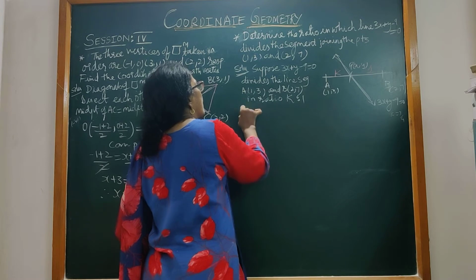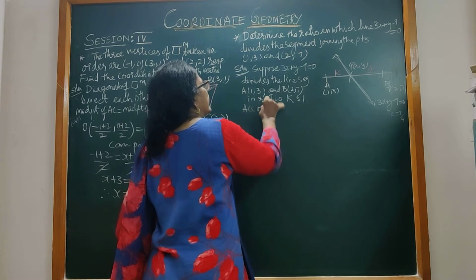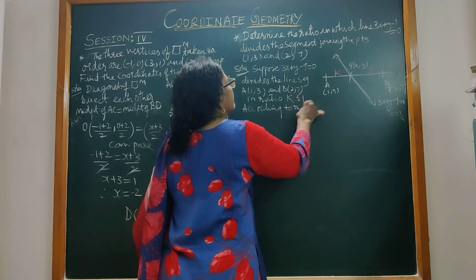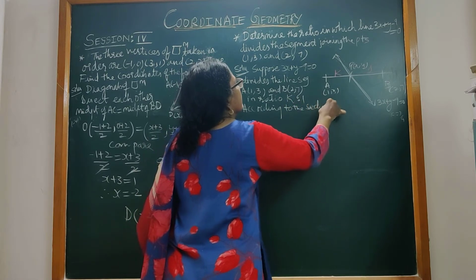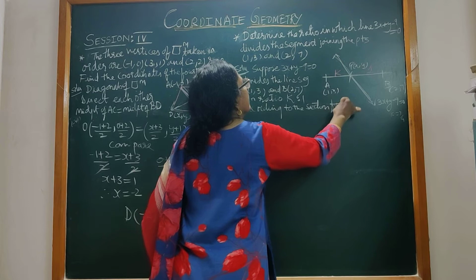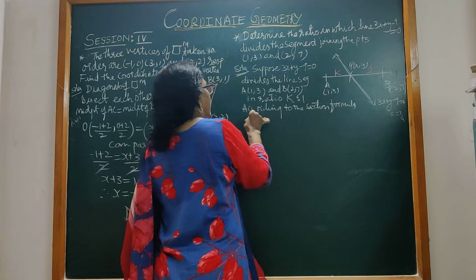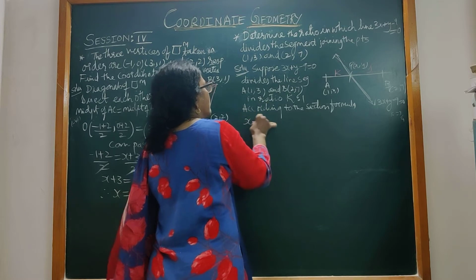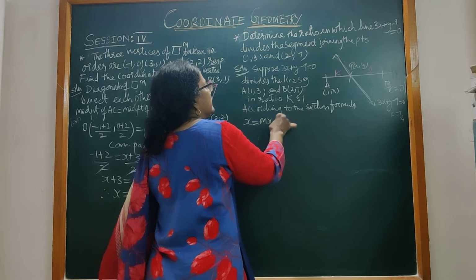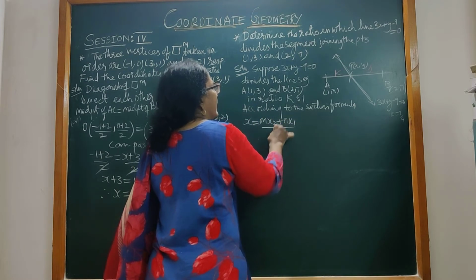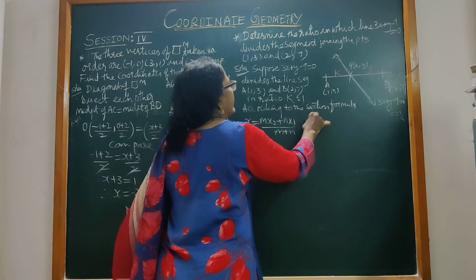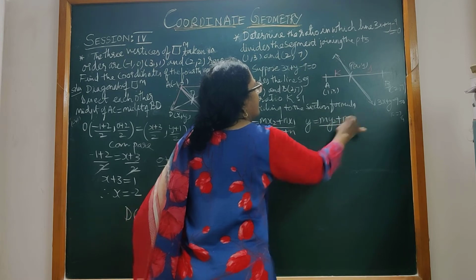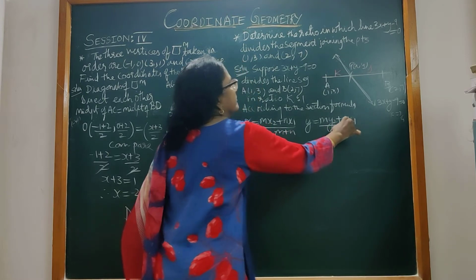So you know, according to the section formula, x is equal to (m x2 + n x1)/(m + n), and y is equal to (m y2 + n y1)/(m + n).